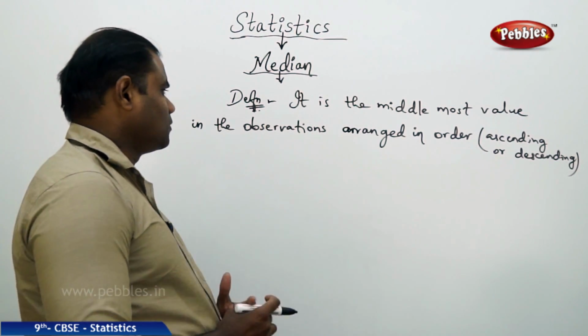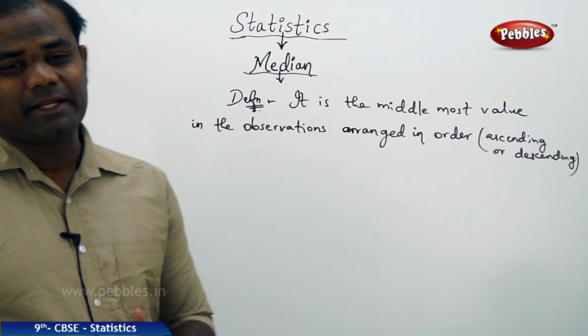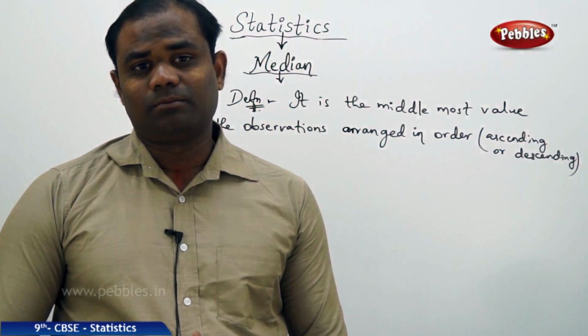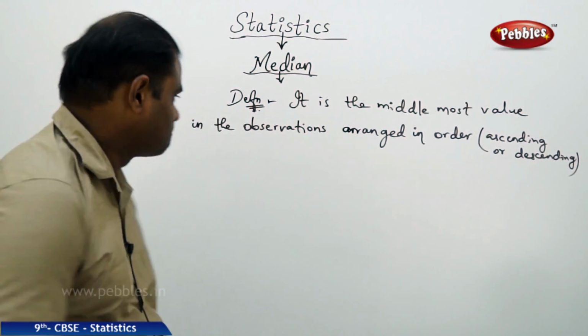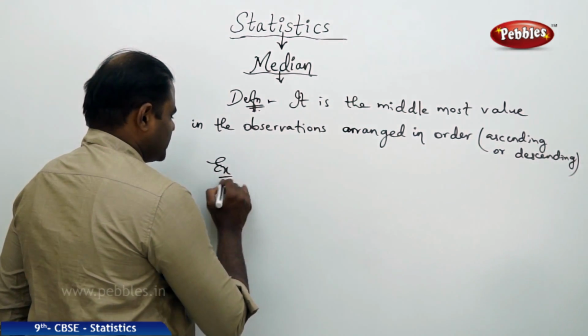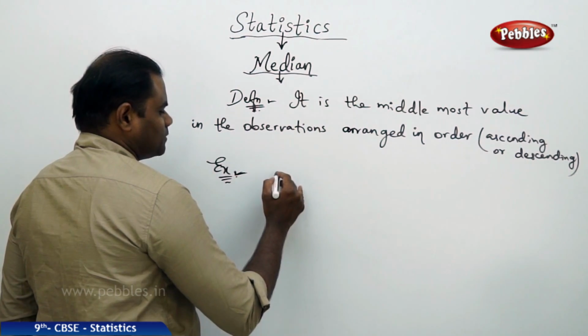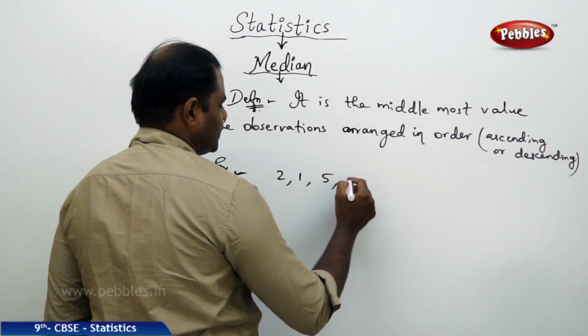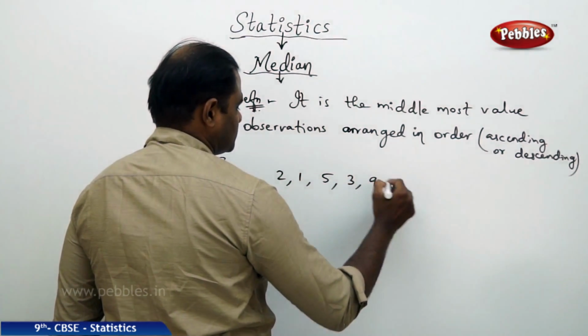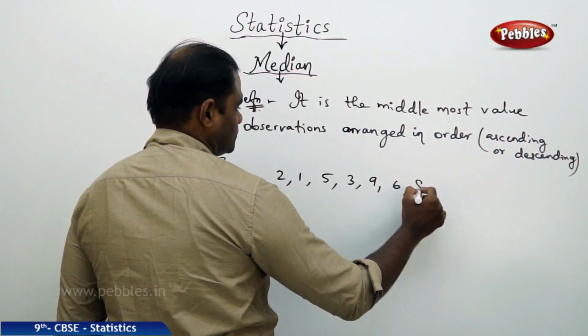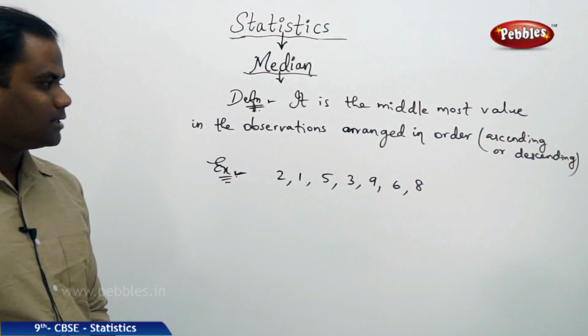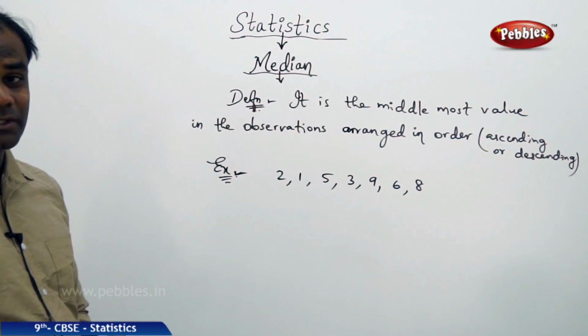So let's see how the middlemost value is identified through an example problem. For example, I have the observation which is 2, 1, 5, 3, 9, 6, 8. Now this data is not in ascending or descending order.